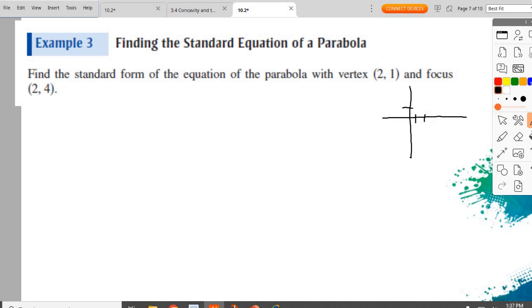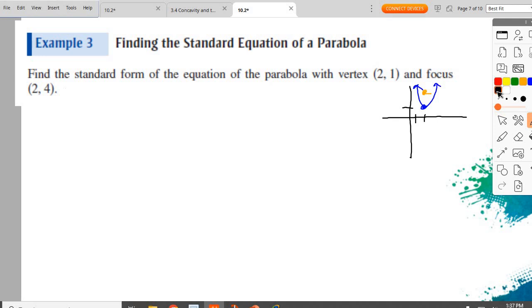So 2, 1. And where is our focus? Which is going to be in what direction? So this time we know that our parabola is going to be opening upwards. Yes?